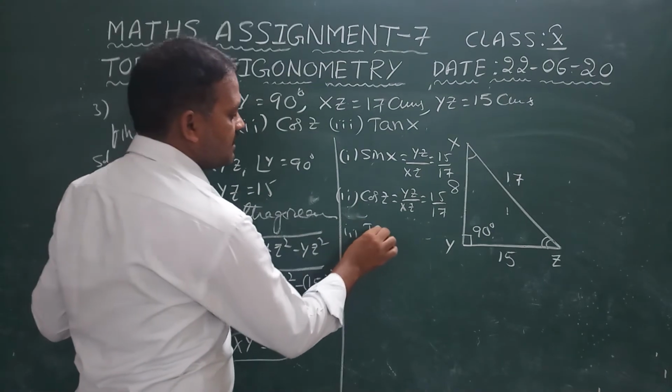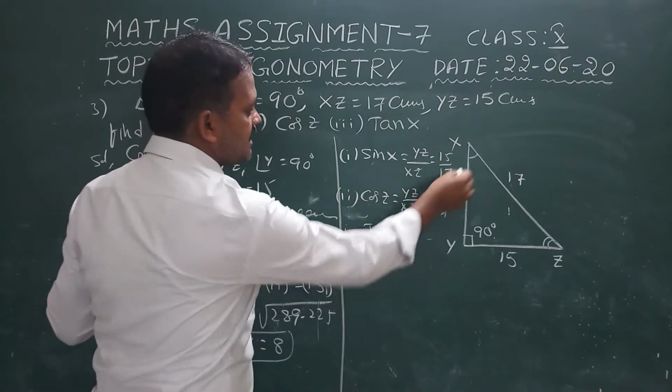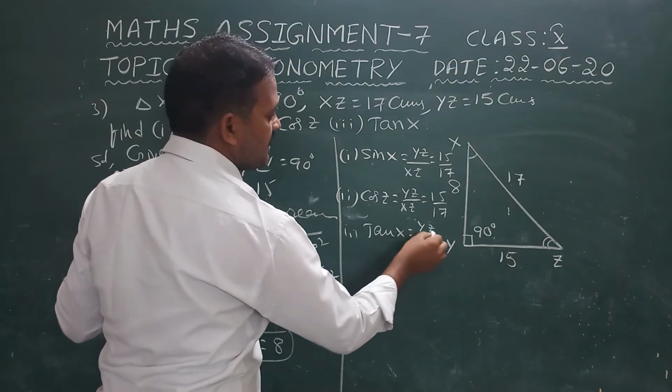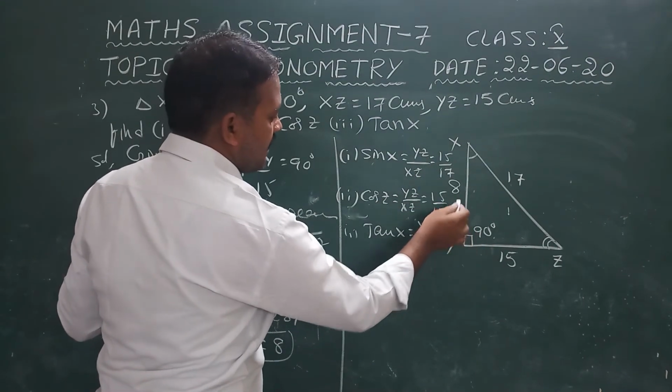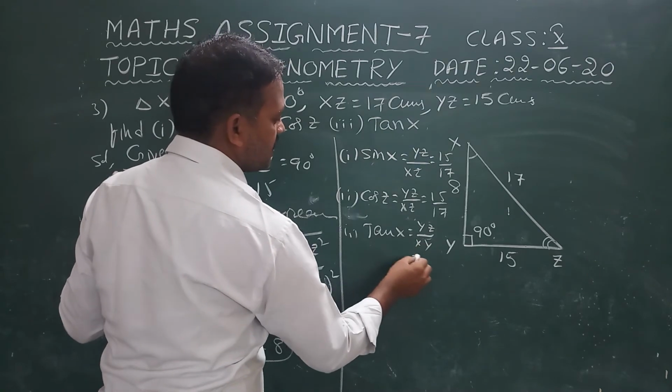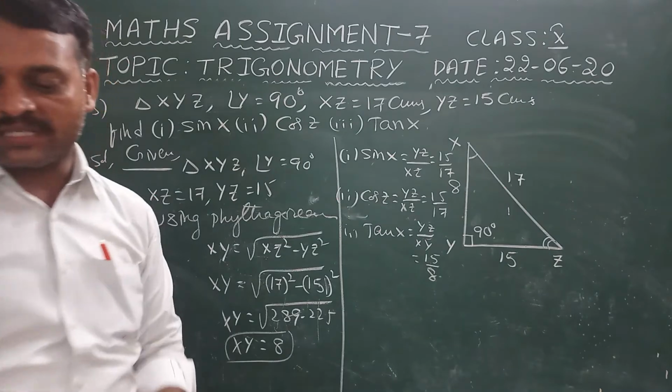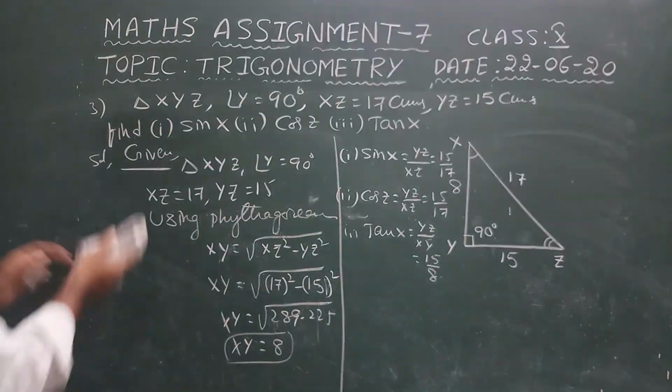Then I'll go for the third one, which is tan x. Tan x means, x is the acute angle, opposite side YZ by adjacent side XY. So that is 15 by 8. So this is about the third question. Then I'll go for the fourth question.